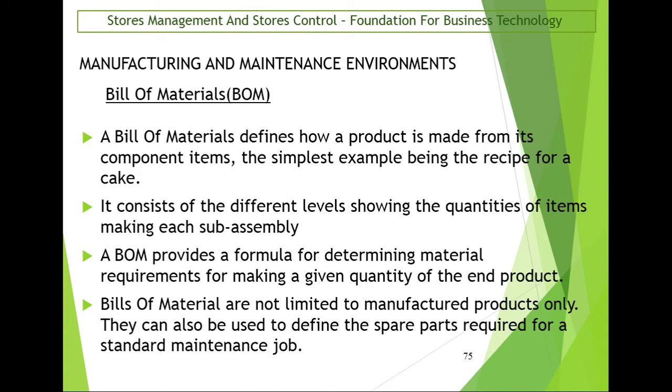When somebody comes to you and says, I have 10 vehicles that need to be serviced, that bill of quantities for the service job simply needs to be multiplied by 10 if you have got 10 similar vehicles. So meaning that the materials that go into a service job are the same as the materials that go into a manufactured product, because we have got a recipe for each of those, whether it's a service or it's a manufacturing job.